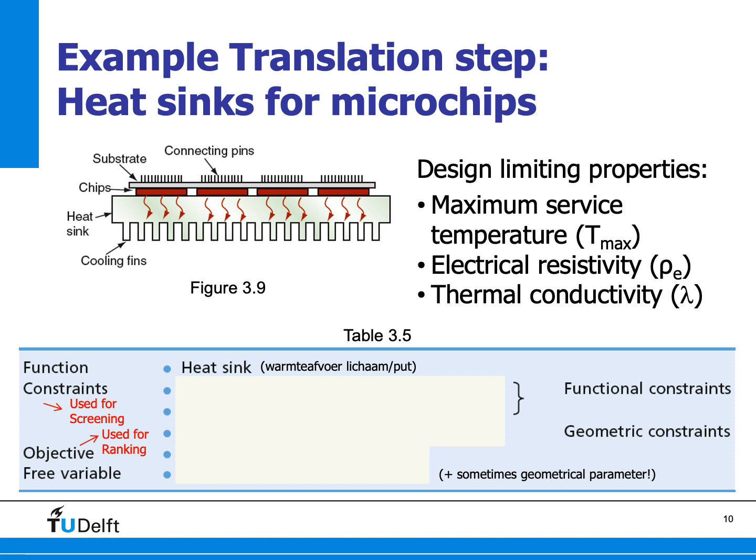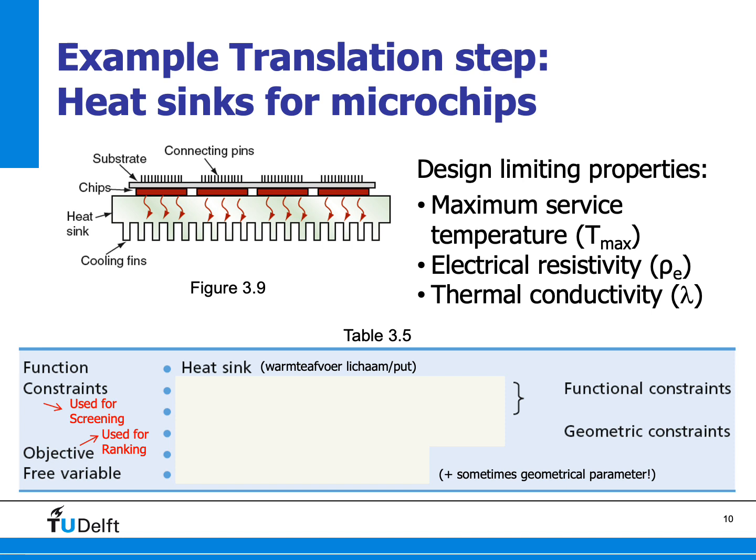So in the previous slide I said we have to make the translation step in terms of the function, constraints, objective and free variables. So the function here is a heat sink. We're talking about a heat sink, or as I wrote down here in Dutch, warmteafvoer.